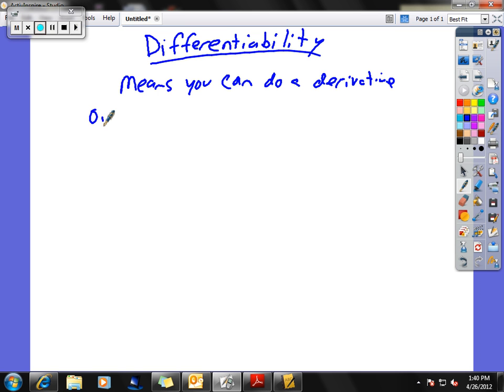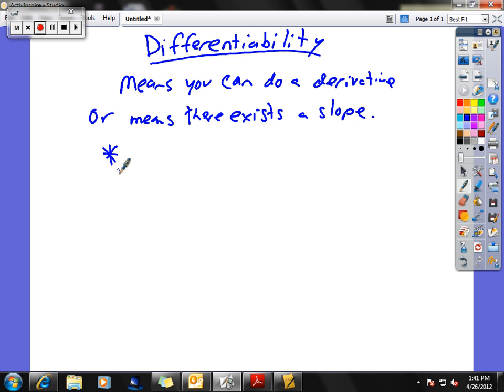Or it means there exists a slope. So you can do a derivative, which also means that the slope exists.